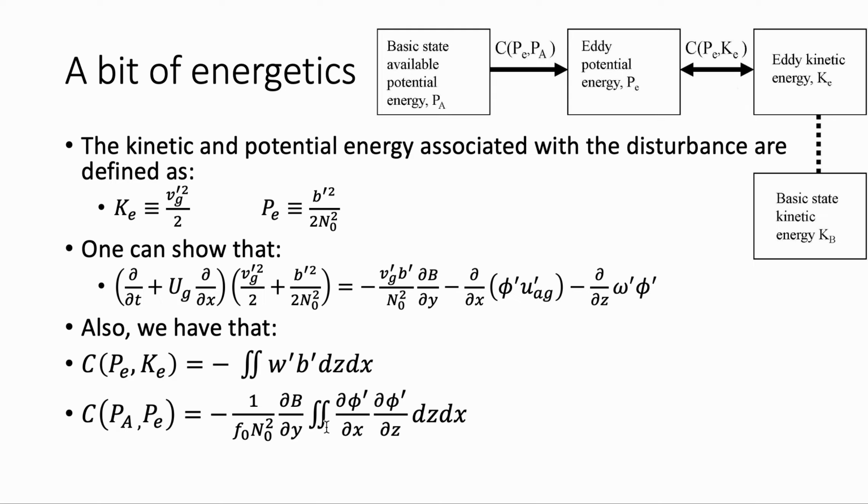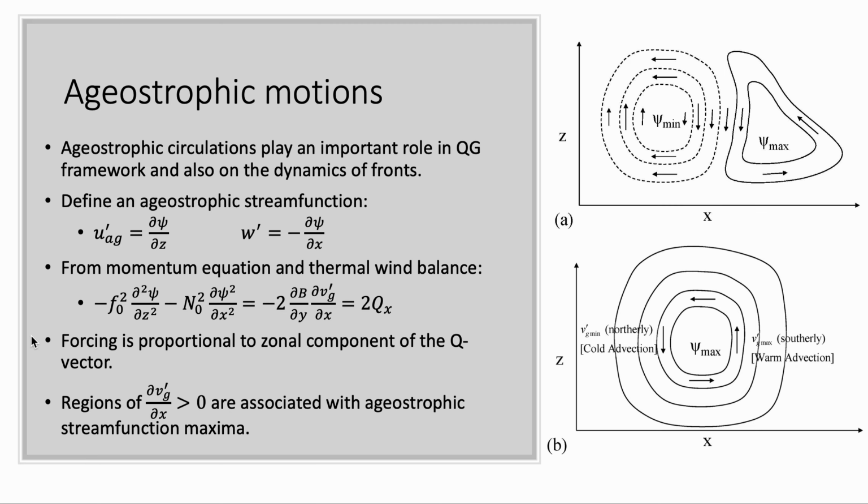So these are the terms that are most important. This is the baroclinic term. Over here, if you remember in the QG part, we had discussed a very similar term to this, and we obtained these terms simply by integrating this equation over the entire x and z directions. Okay. So these are the source terms that are involved in the transfer of energy from the basis state all the way to the disturbance.